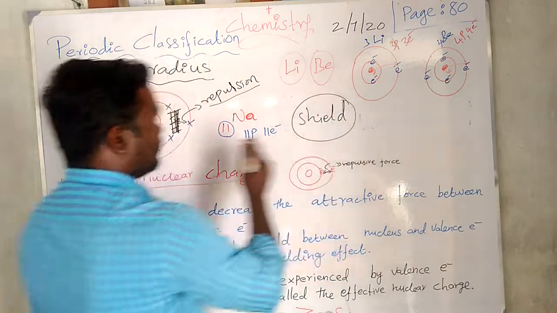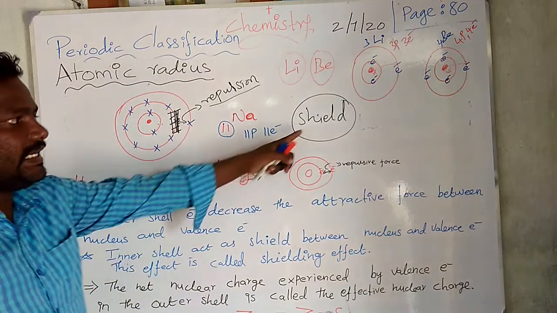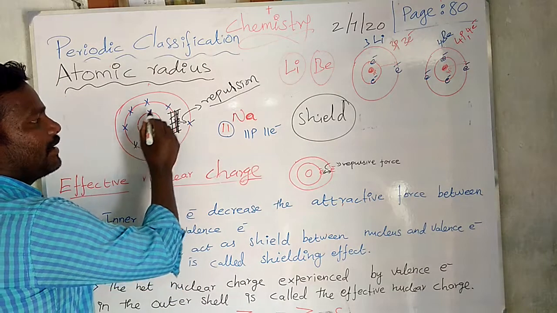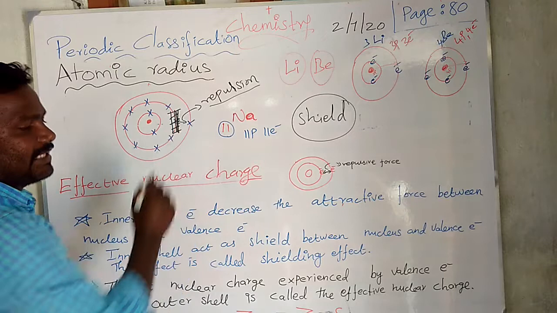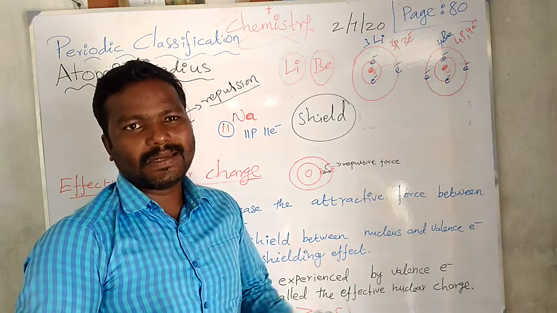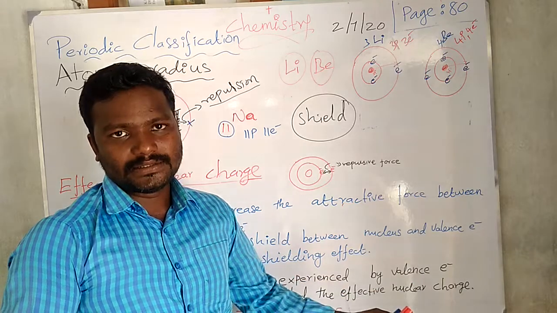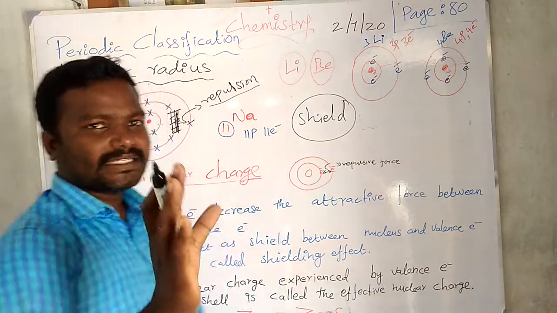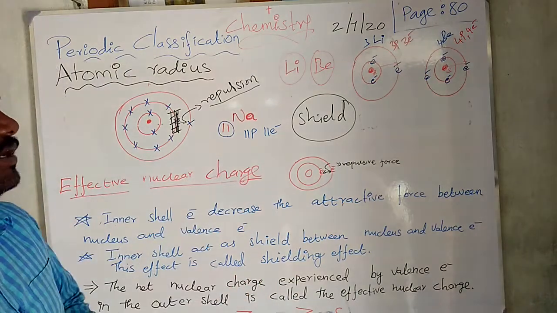Because of this inner cell electron shielding effect, what will happen? The nuclear charge cannot effectively attract the valence cell. That means what will happen, sir? Automatically size will increase. That size increasing matter I will explain later. Just understand what is effective nuclear charge.